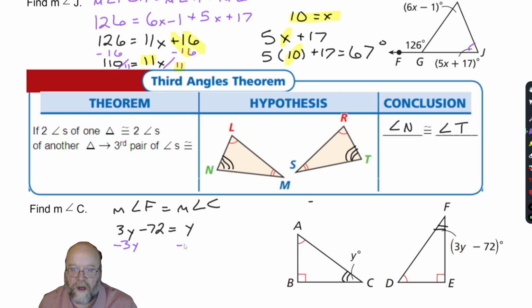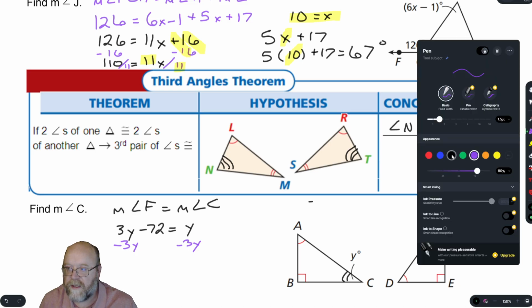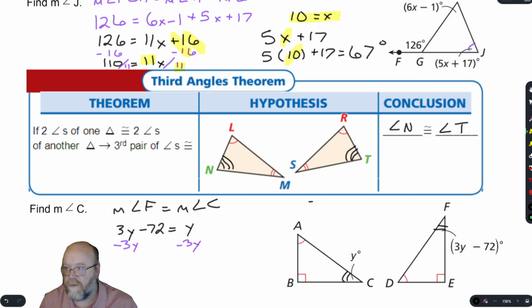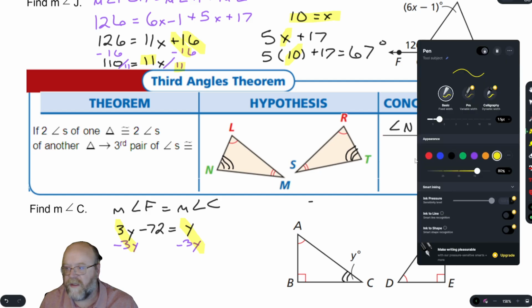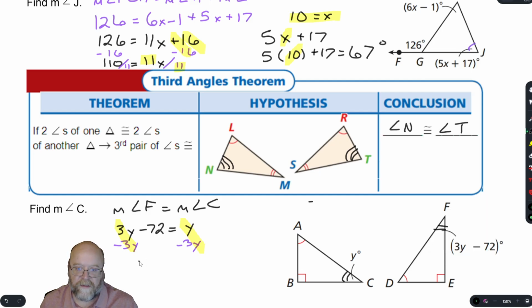Minus 3y from both sides. Why am I doing minus 3y? Mr. Hobbig, you like to keep things positive. I do. I don't know why I did that. But this is going to help me save a step. You can either believe me or not. All right, so this cancels out to negative 72 is equal to negative 2y.